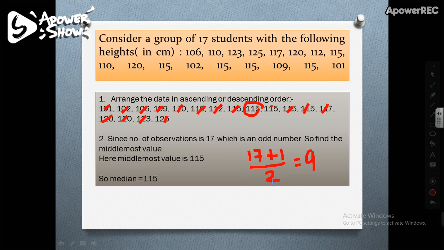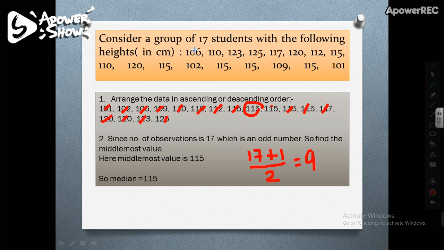After dividing, we get 9. So you have to just look for the 9th observation from the leftmost corner, or you can try to find the 9th observation from the rightmost corner. So 115 is the median of this given set of data.